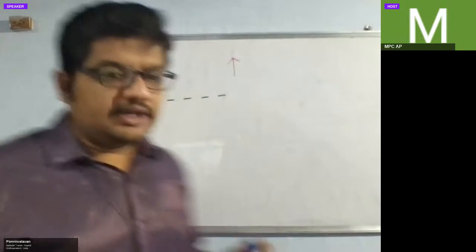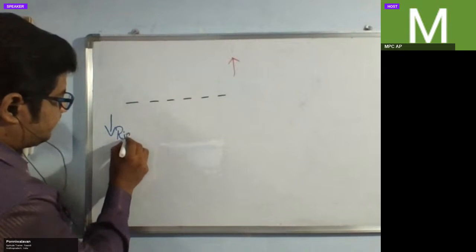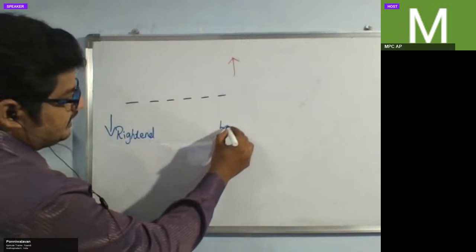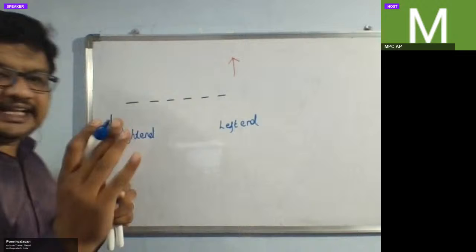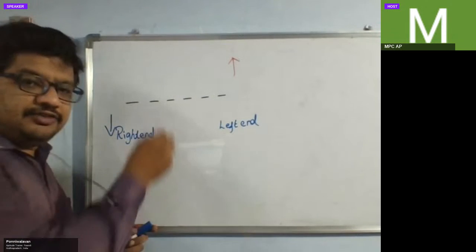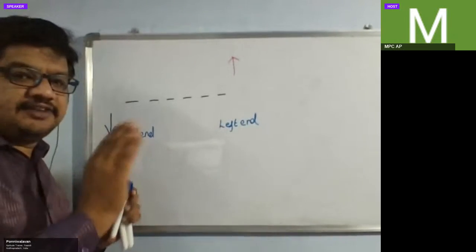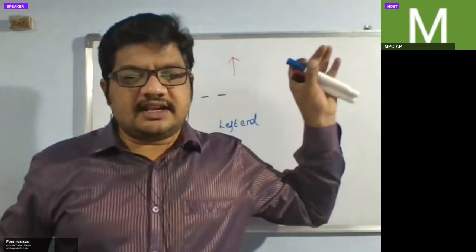If I am facing downwards, this is my right hand and this is my left hand. The right and left will change, so you have to be very careful.